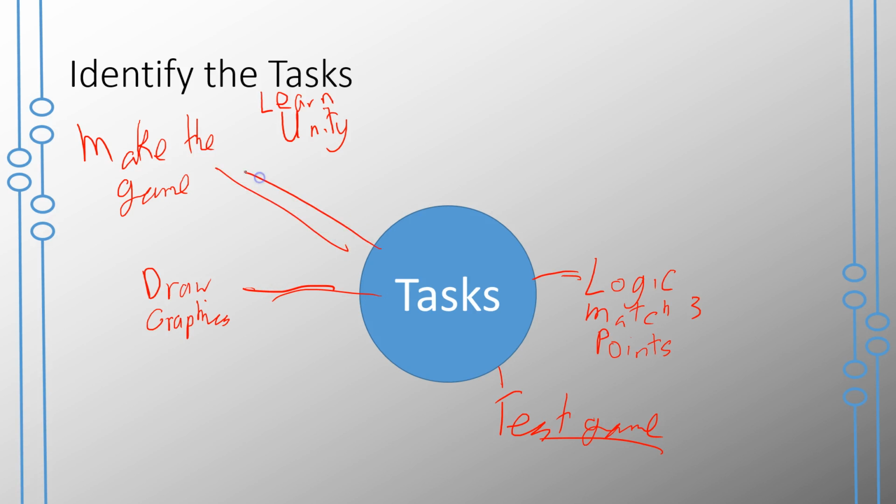Making the game, then Unity. I also need to storyboard it, so I know exactly what I'm going to do. That storyboard of the plan might involve a few other bits and pieces.